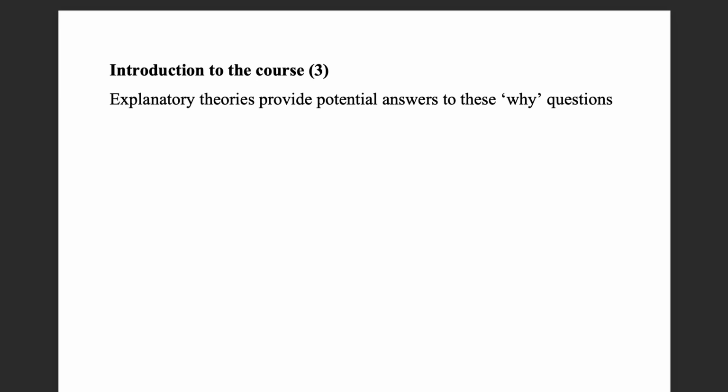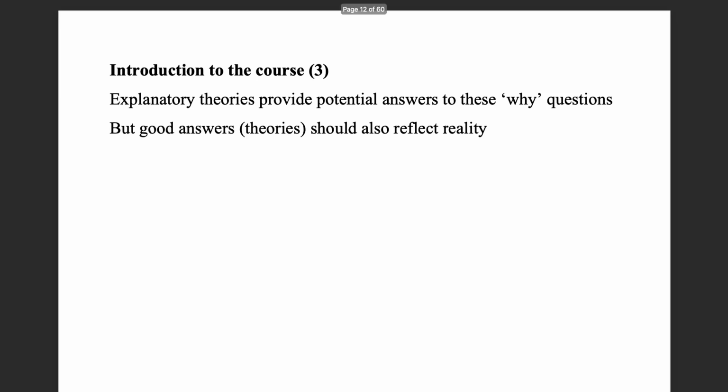Or if I want to explain why some countries are at war with each other while others are not, I might look to something like democratic peace theory as an answer to that why question.